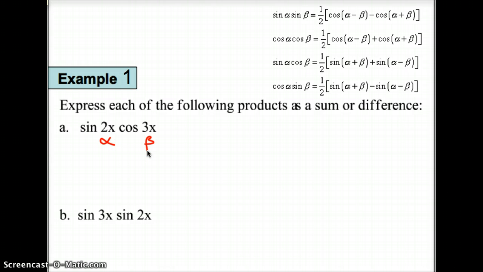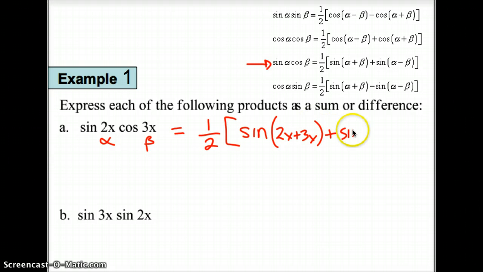In order to use my formula, I have to find the correct formula. It looks like I'm going to use this one. I had to distinguish who's alpha and who's beta. So this is going to be equal to 1/2 of the sine of the sum of alpha and beta, so 2x plus 3x, plus, looks like I'm going to do the difference, so alpha minus beta, 2x minus 3x, all in that big bracket.